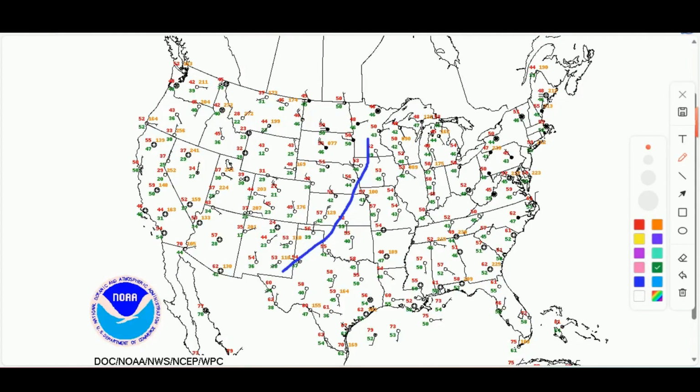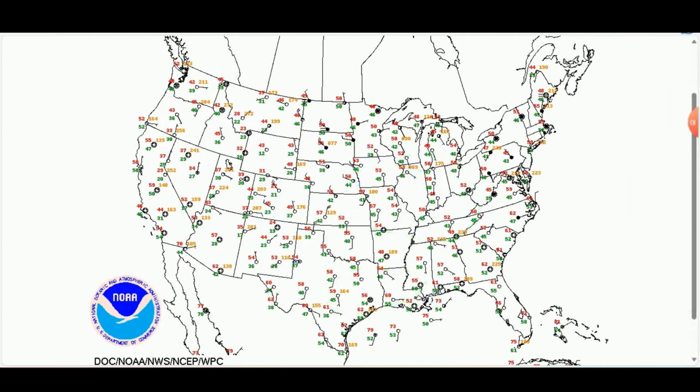We have dew points in the low to mid 40s up here in the Midwest, and as we look back down to the south, dew points are really only in the upper 40s to the low 50s over the Gulf Coast region. Even if we look into the Gulf of Mexico, dew points are still down in the 50s, where that cold front has pretty much swept the moisture. So there's not really going to be much moisture ahead of this storm system, and that's not really going to provide much in the way of precipitation.